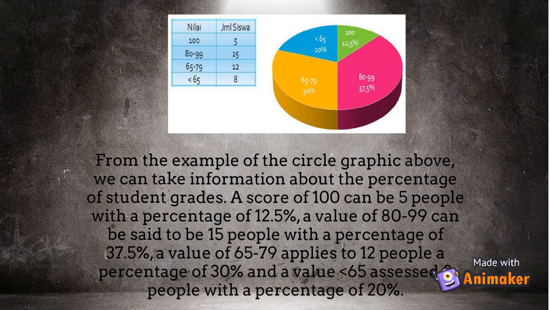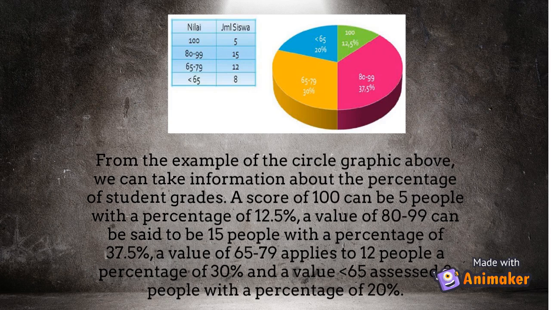Second, circular graph. From the example of circle graphic, we can take information about the percentage of student grades. A score of 100 was achieved by 5 people with a percentage of 12.5%. A value of 80 to 99 was achieved by 15 people with a percentage of 37.5%.